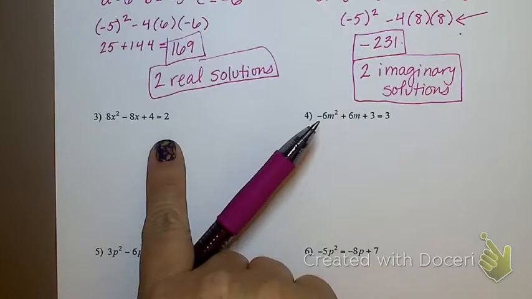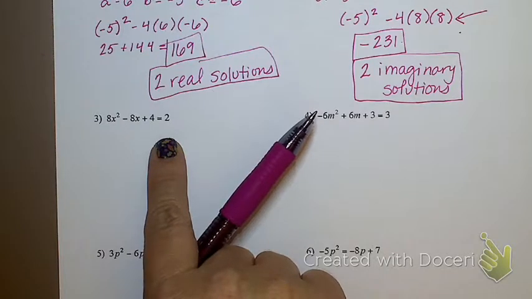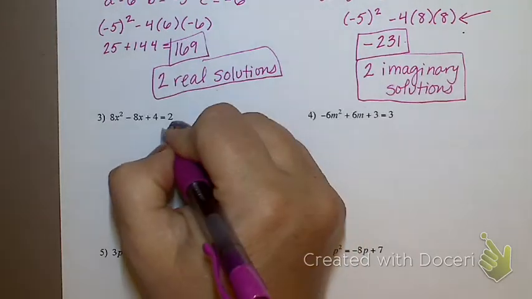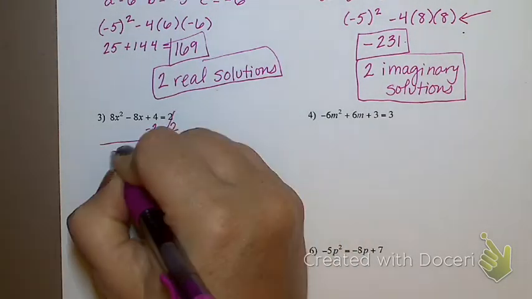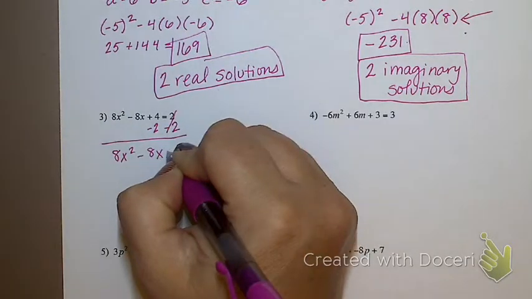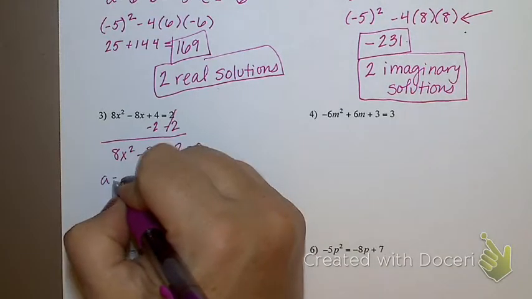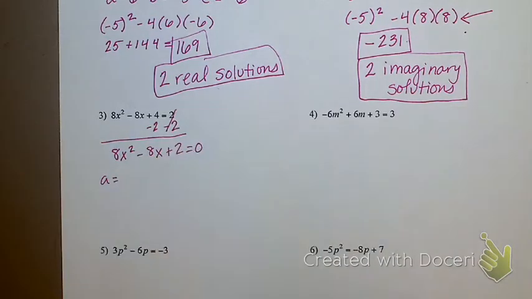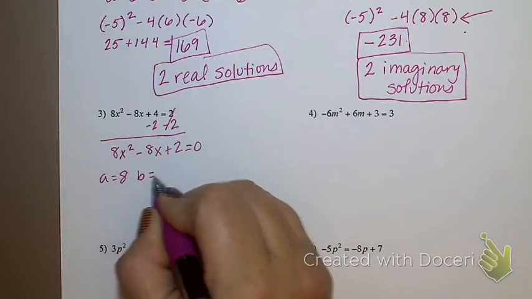So let's look at this guy. What's wrong with this one? It's not in standard form. What do I need to do? Subtract 2 from both sides. That's going to give me 8x squared minus 8x plus 2 equals 0. What's A? 8. What's B? Negative 8.